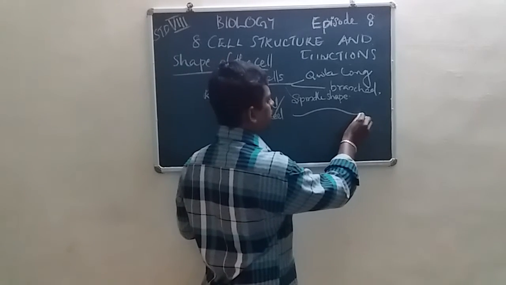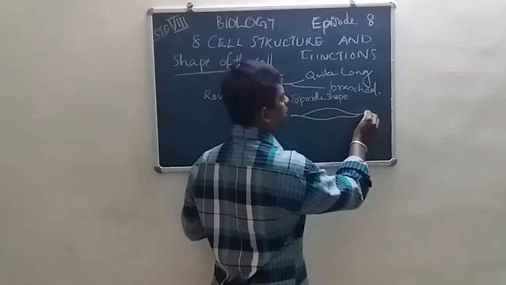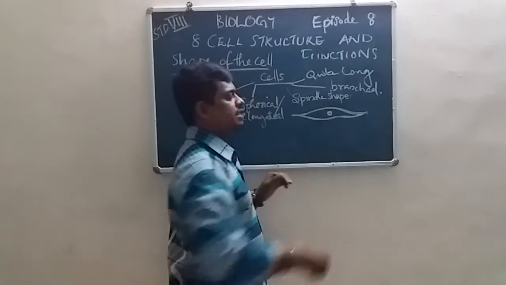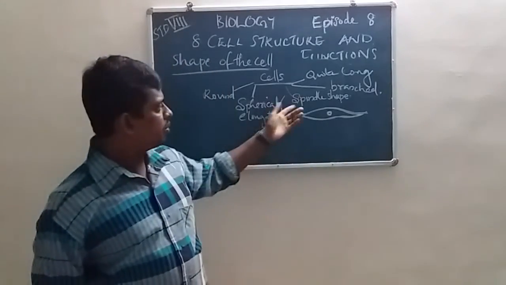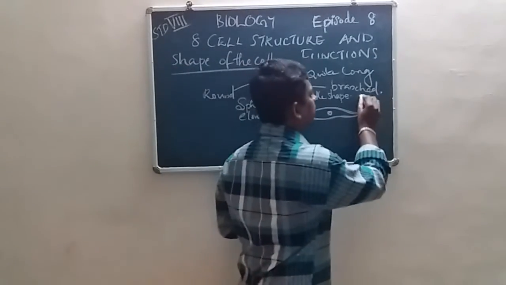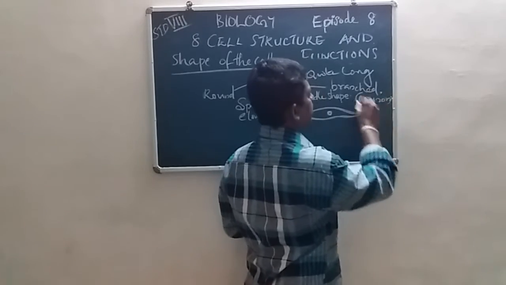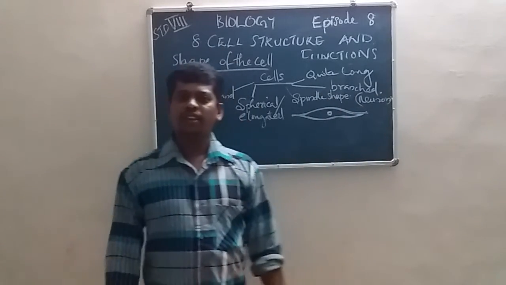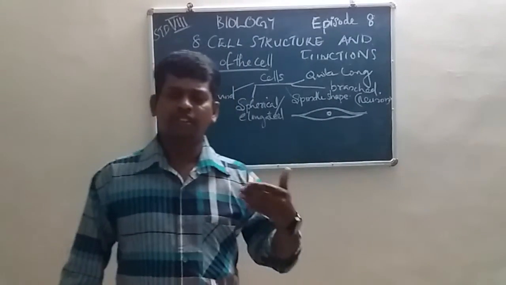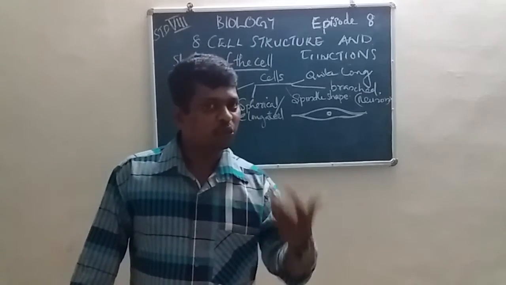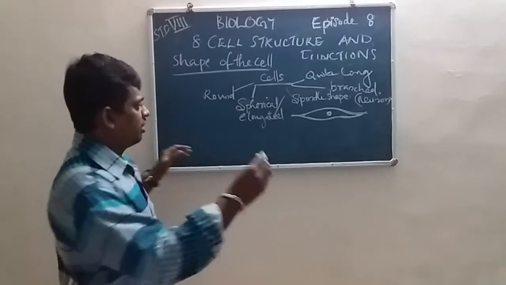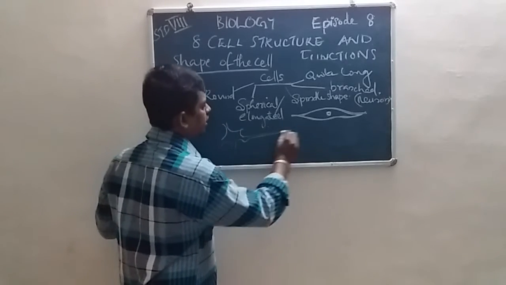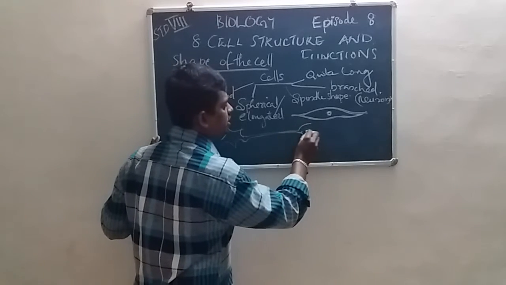Look at that, the pointed edge. These are spindle shaped. And some are branched, for example the neuron. The neuron is an example of a branched cell. Do you know the shape of a neuron? It has a cell body, an elongated axon and branched axon terminals.